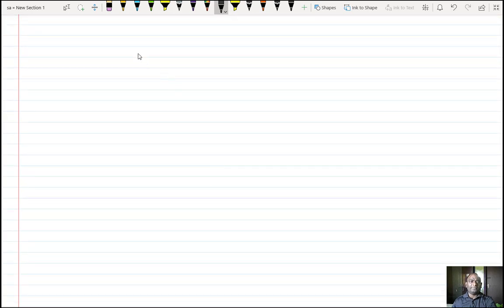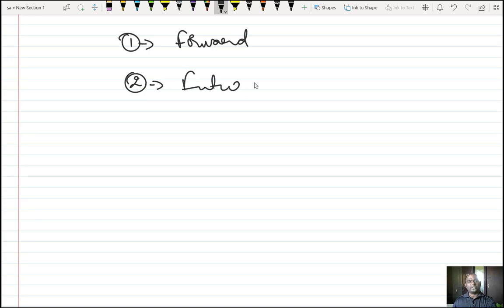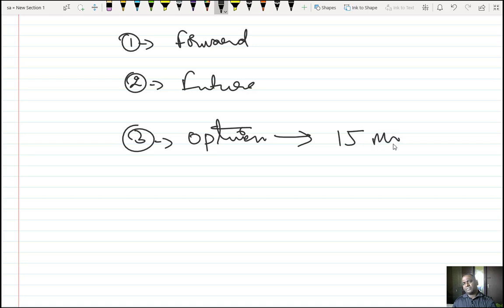This time we don't study valuation of shares, which has already been taught. Now we study how do we value the forwards, how do we value the futures, how do we value the options. In these three, 90% of the time you will get around 15 marks from option valuation.